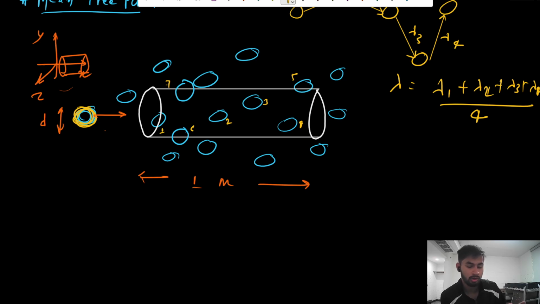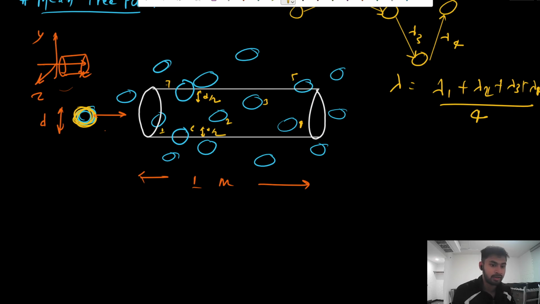It's going to collide with molecule 6 or 7 if and only if this molecule has a diameter of d by 2 and the other one also has a diameter of d by 2.